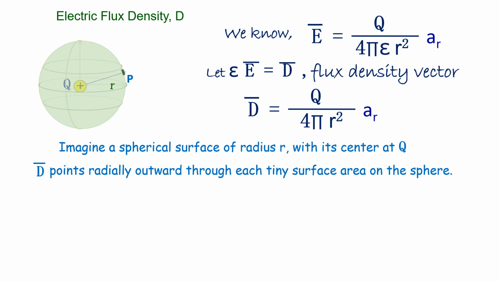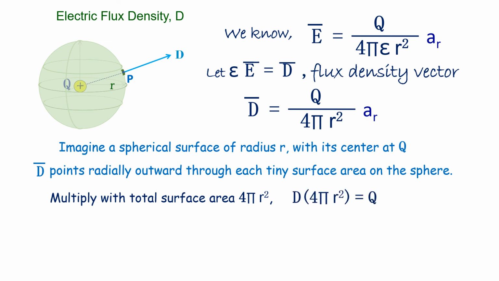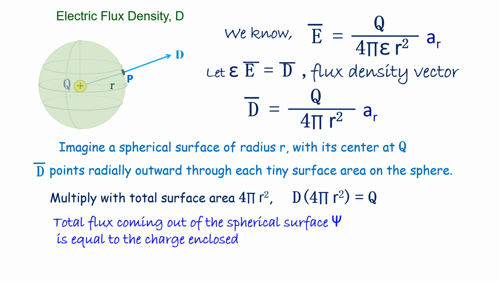The D bar vector points radially outward through this tiny surface area. If you multiply with the total surface area of the sphere 4 pi r square, the D into 4 pi r square will become only Q. From this we can say the total flux coming out of the surface of the sphere psi is equal to the charge enclosed by the closed surface.